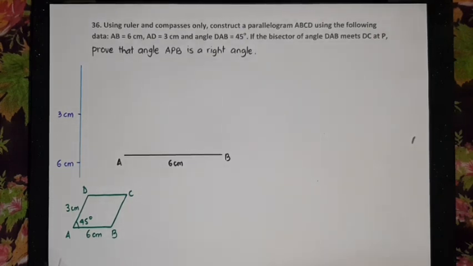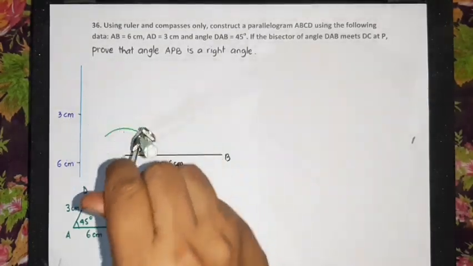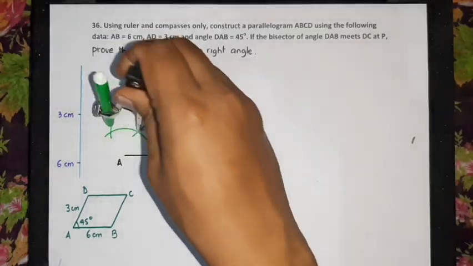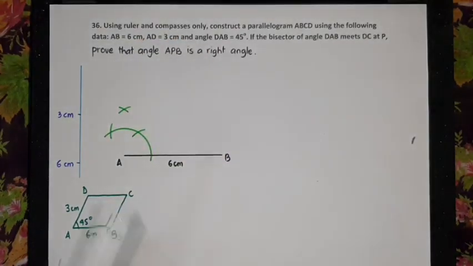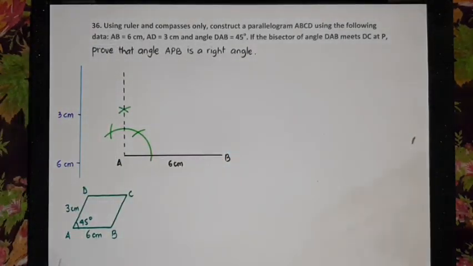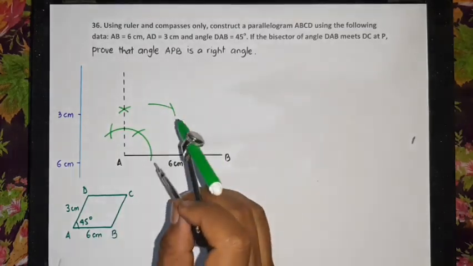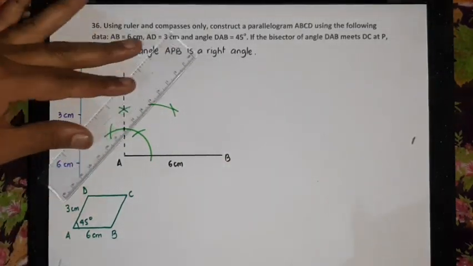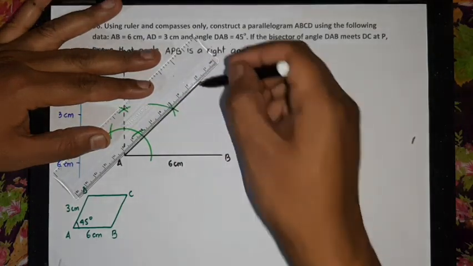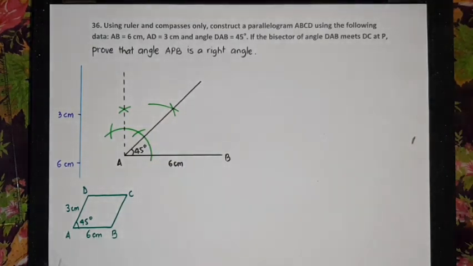From the rough figure I see that I need to draw 45 degrees at A. So let me quickly construct a 45 degree angle at A. Okay, so this is our 45 degree angle. So we have made our 45 degree angle.